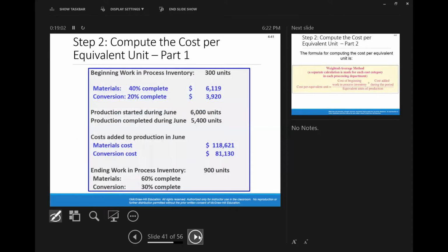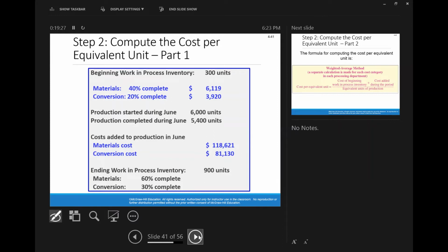Okay, now they're adding in costs. So we're looking at what costs are associated with these units of production. So for the beginning work in process, we had 300 units. Material was 40% complete and the conversion was 20%, and they give us the cost associated with that. Then we started production on 600 units, we complete 5,400 units.